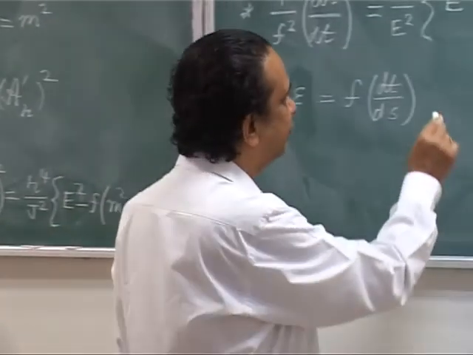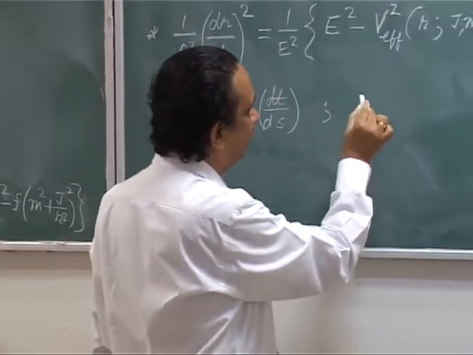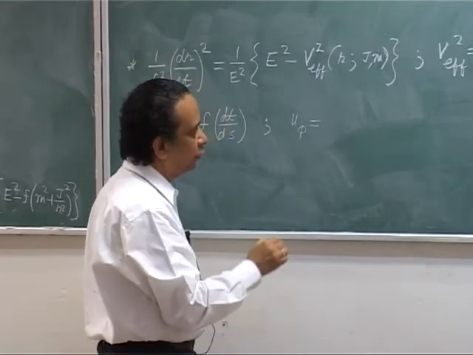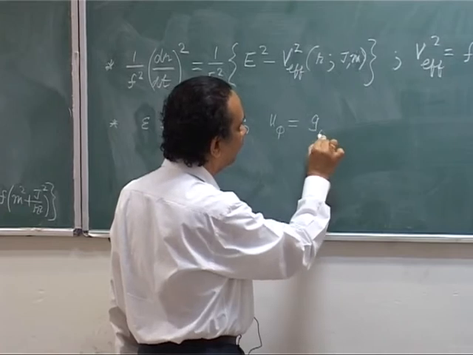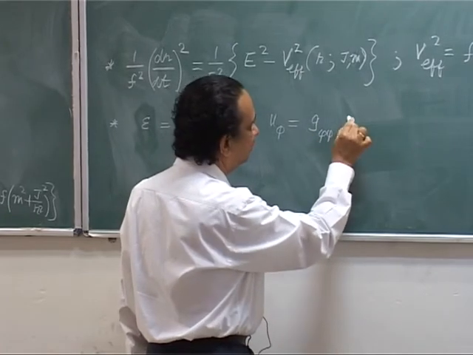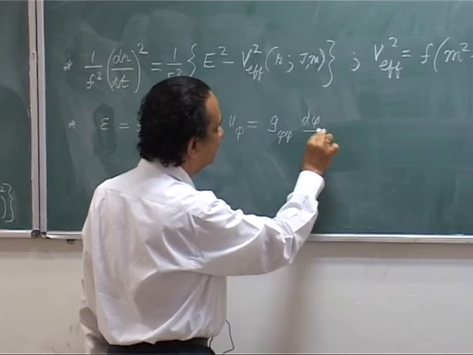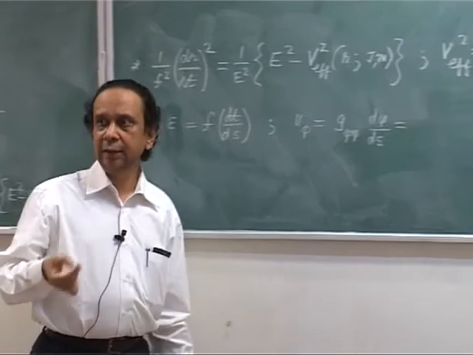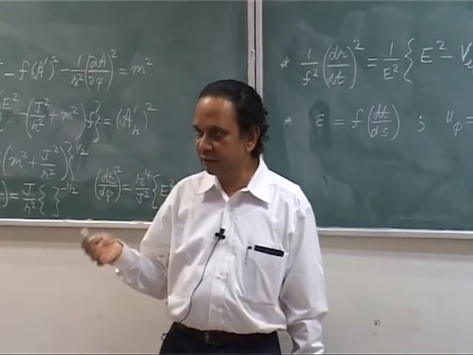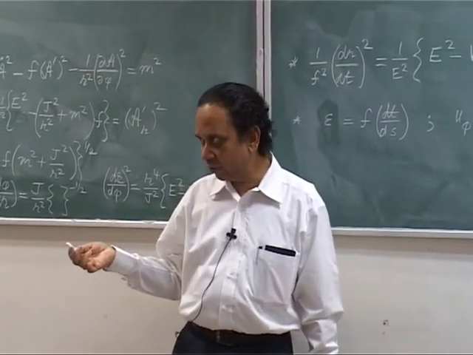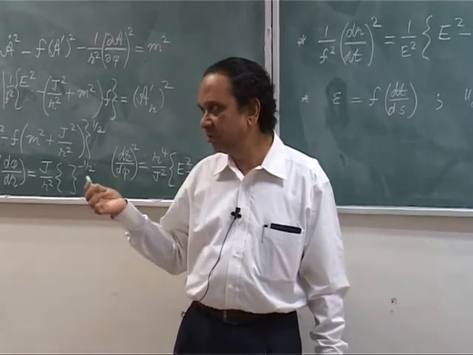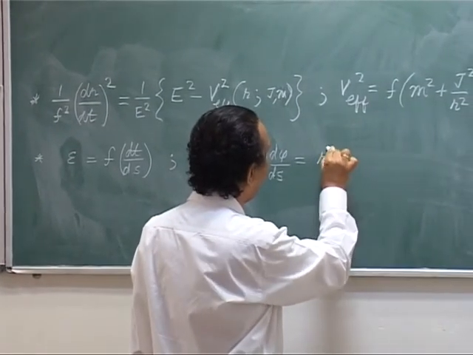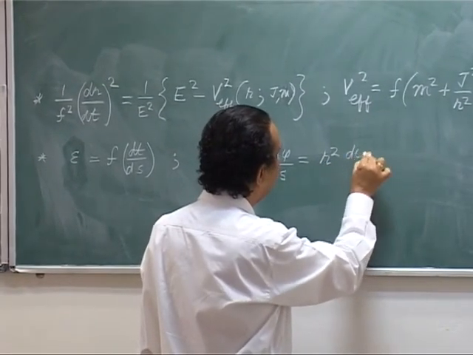Then the second equation which we have is u phi, which will be equal to g phi phi u phi, which is d phi by ds, and g phi phi is the coefficient of the d phi square term, which is r square sin square theta d phi square. We are working at theta equals pi by 2. So it is r square d phi by ds.